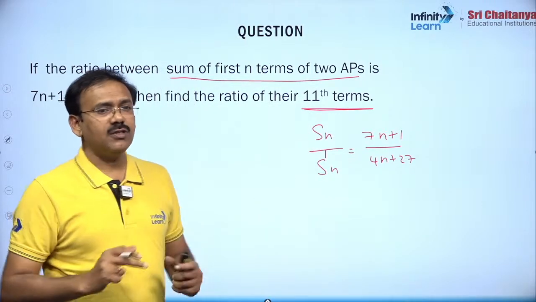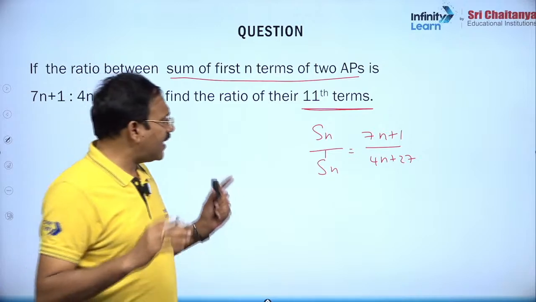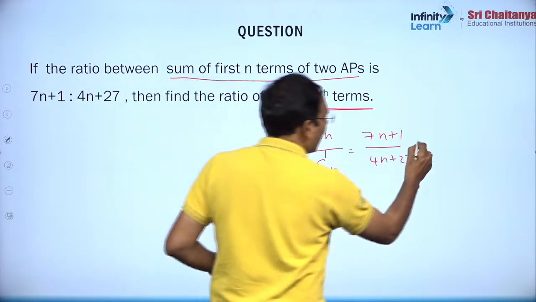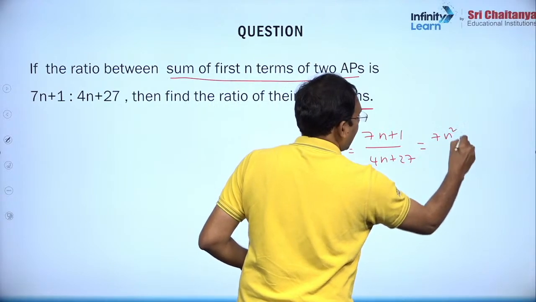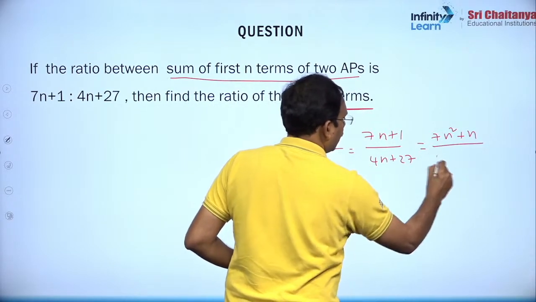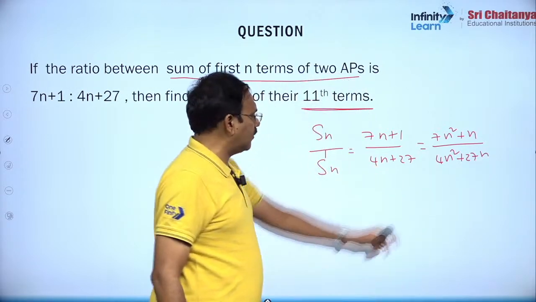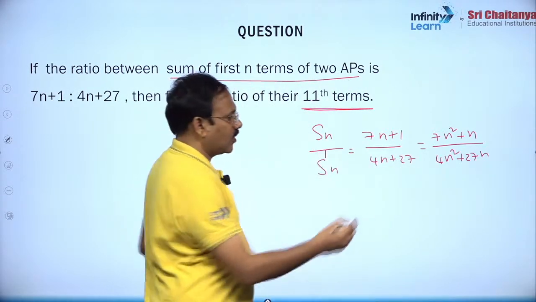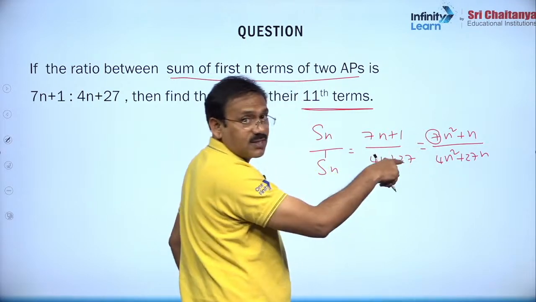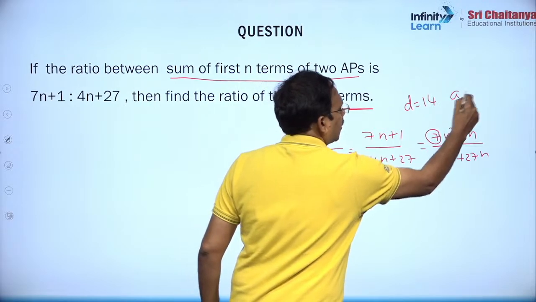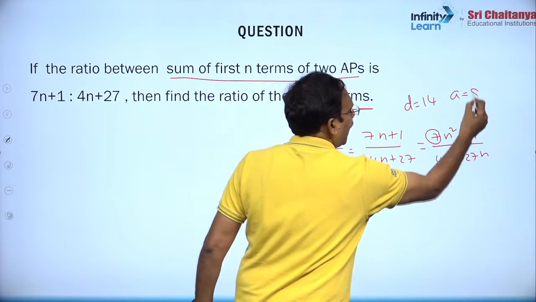I can close this problem in two steps. The sum of n terms will be like Pn square plus Qn, right? So why can't I write it as 7n square plus n by 4n square plus 27n? Now, this is the sum of n terms, this is the sum of n terms. Common difference by 2 is 7, which means here the common difference is 14. The first term is going to be 7 plus 1, 8.